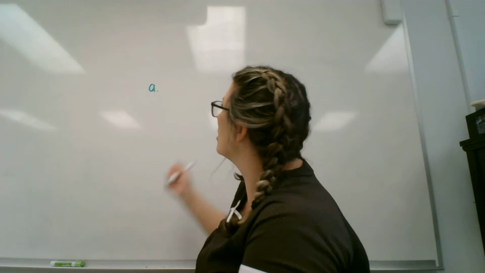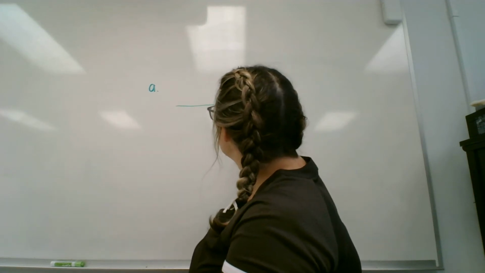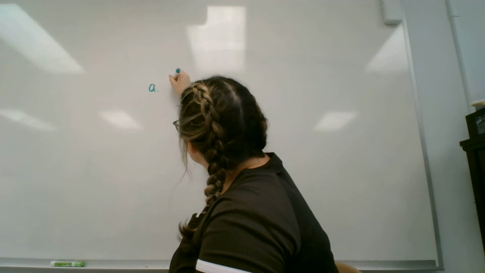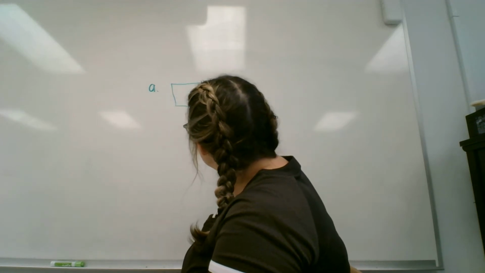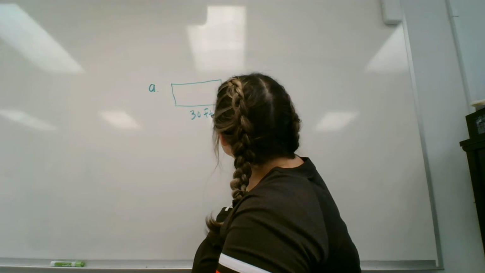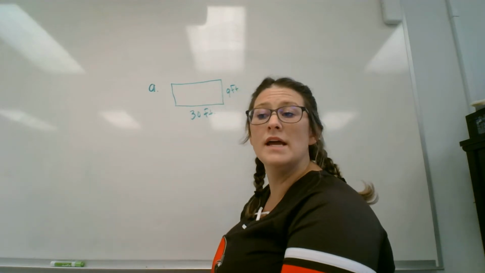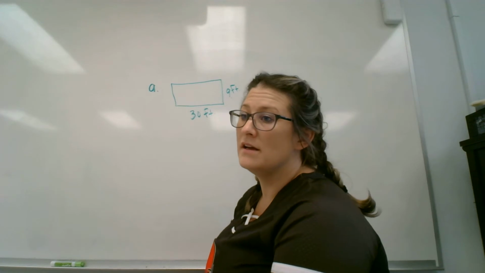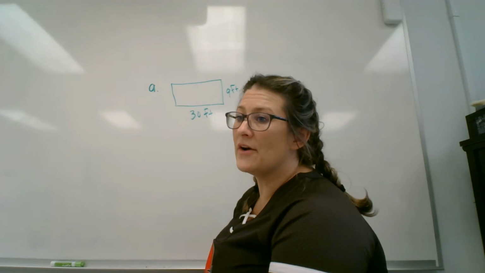A says, a deck is 30 feet long and 9 feet wide. 30 feet, 9 feet. Okay, so you know your label is going to be square feet. What is the area of the deck?